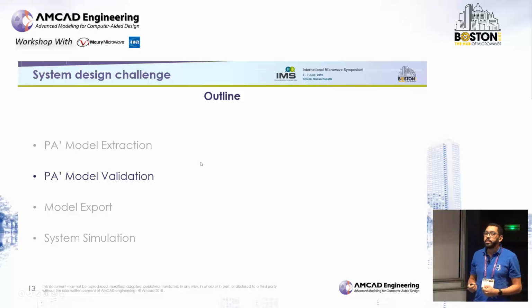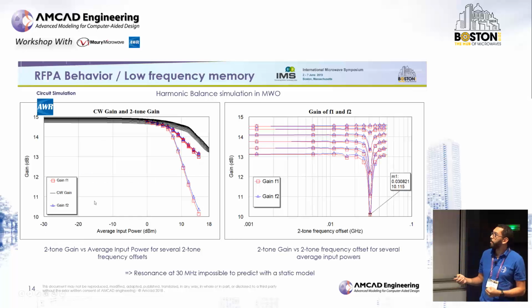In the next slides, we will see how to go further in validating the model, examining in particular some key figures of merit when using modulated signals. By performing a simulation of our power amplifier using Microwave Office with a two-tone signal, a variation in performance is observed when the tone spacing is swept.